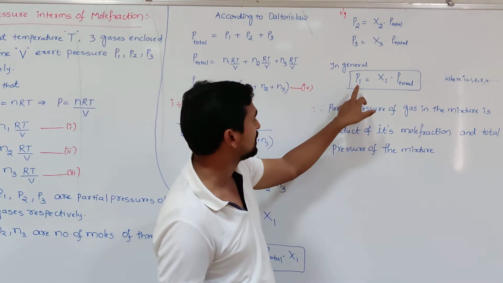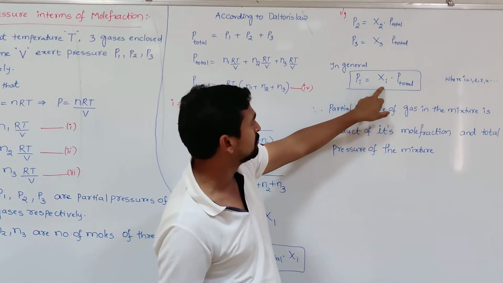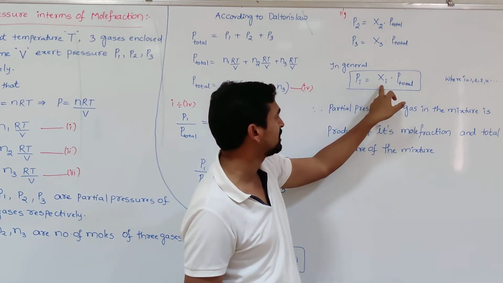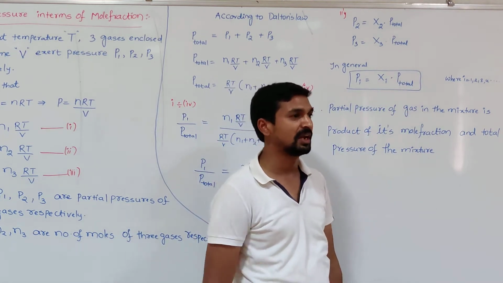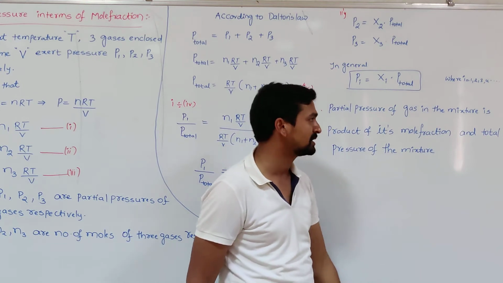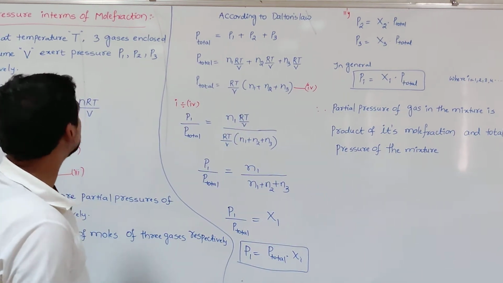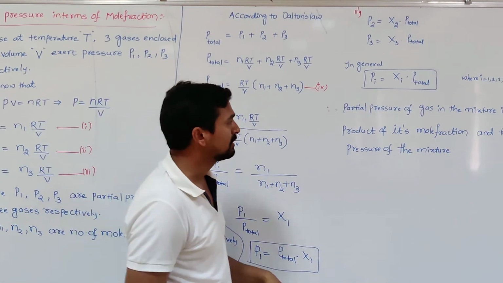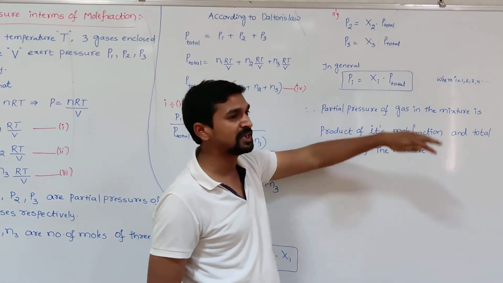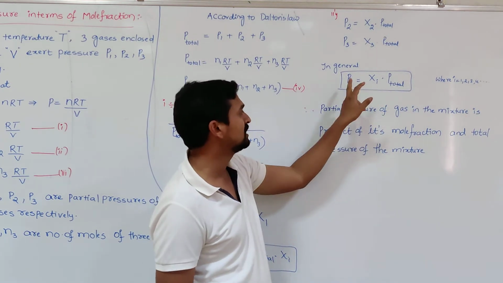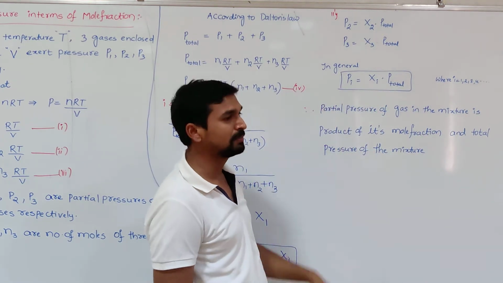So this is the relation between partial pressure and mole fraction. That means once we know the total pressure of the mixture of gases and their mole fractions, it is easy to calculate how much partial pressure is exerted.